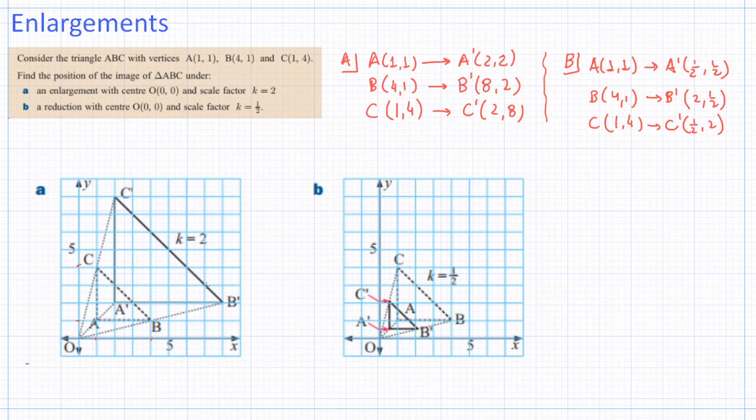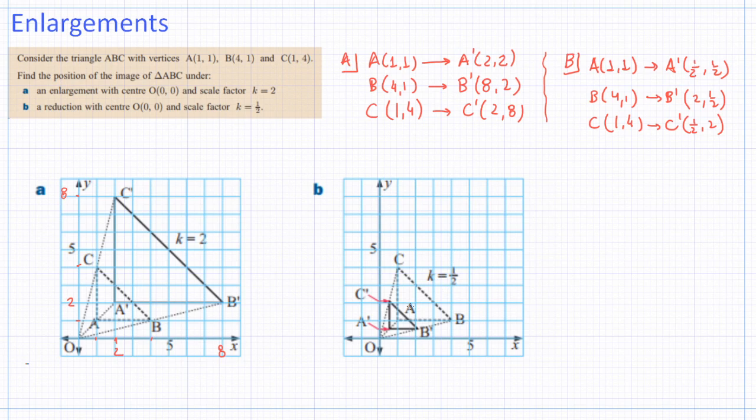So our new triangle, which was enlarged, you can notice that this is 8, so all the coordinates check. So C prime here, this is 8, this down here is 2, our B prime, this is 8, this height is 2, and A prime is 2, 2, so everything matches.